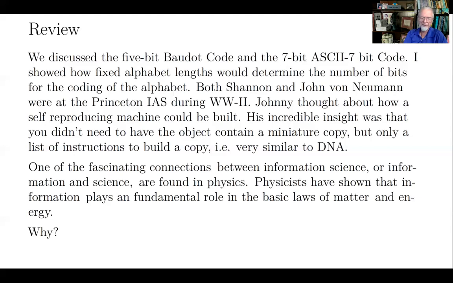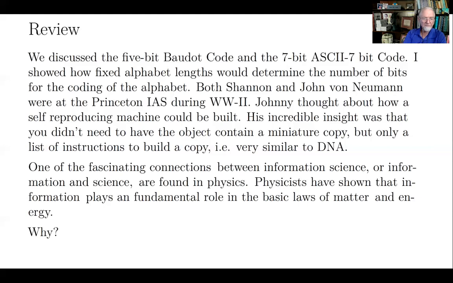And of course, this is very similar to the way biology came upon it in evolution, that is, using DNA, which is a list of instructions telling you how to build various proteins.